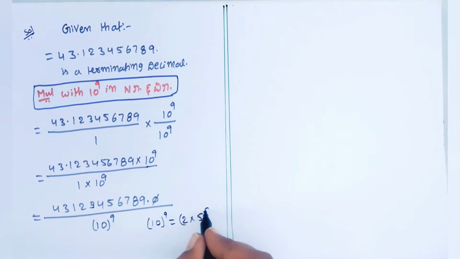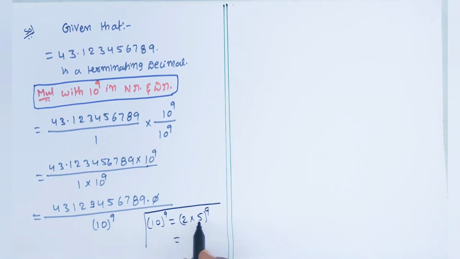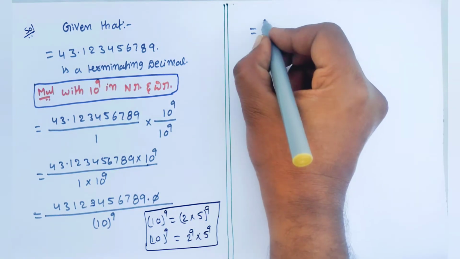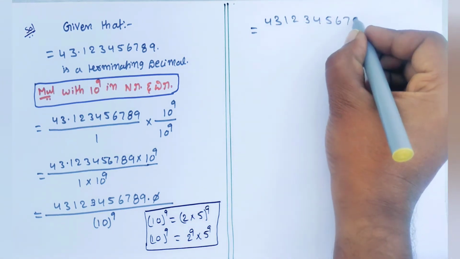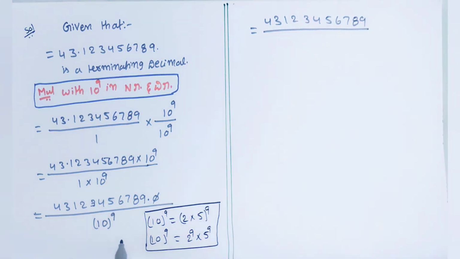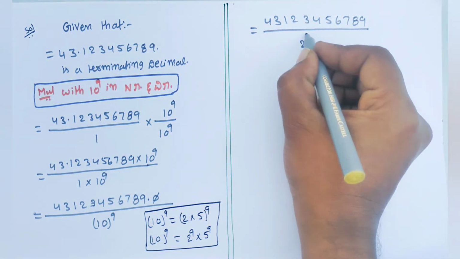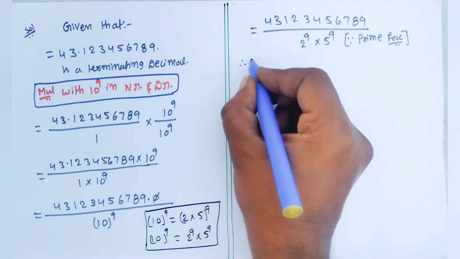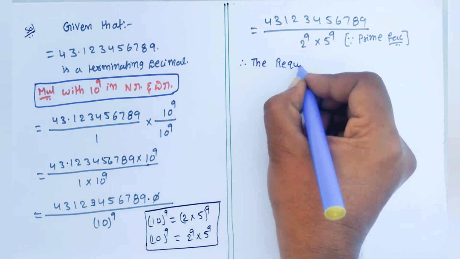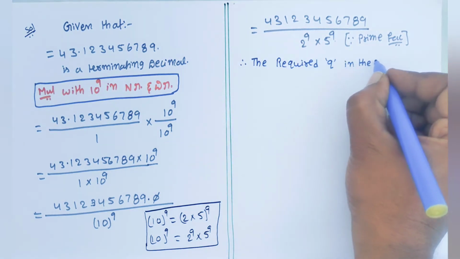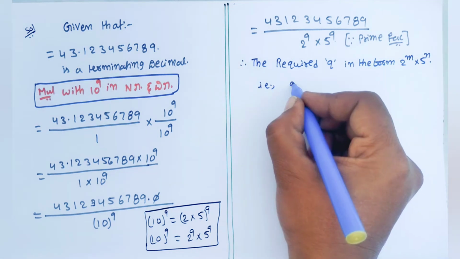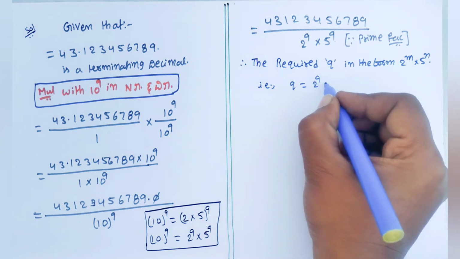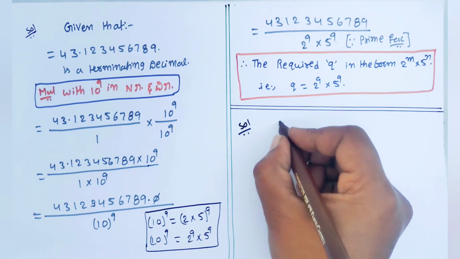We write the prime factorization of 10 power 9: 2 into 5, power 9, can be written as 2 power 9 into 5 power 9. That is the required prime factorization. Therefore, the required q is in the form of 2 power m into 5 power n, that is, q equals 2 power 9 into 5 power 9.